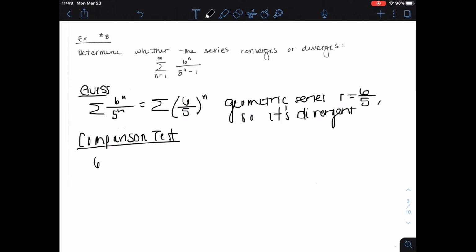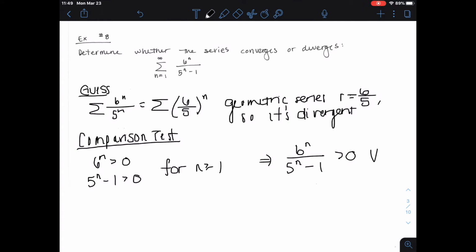So first, 6 to the n is definitely positive. The denominator, 5 to the n minus 1, is also positive. And these are true for n greater than or equal to 1. So if you look at the fraction, the ratio of these two, that's definitely greater than 0 for all n greater than or equal to 1.